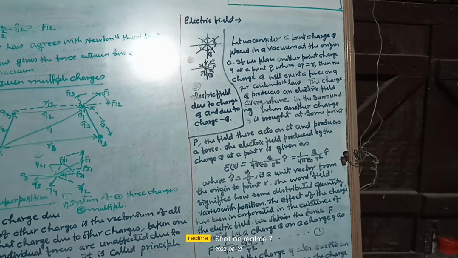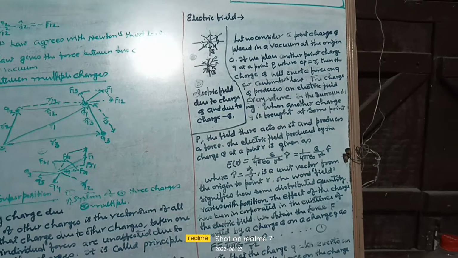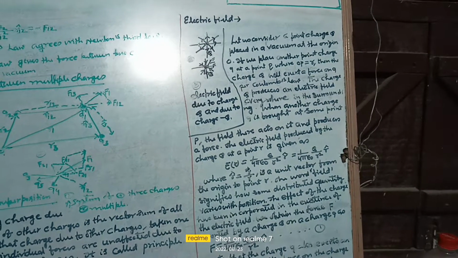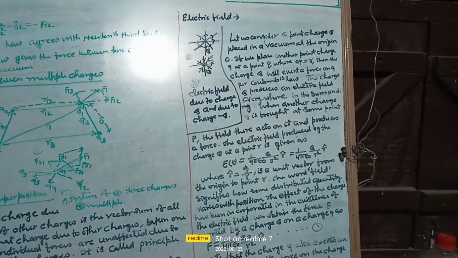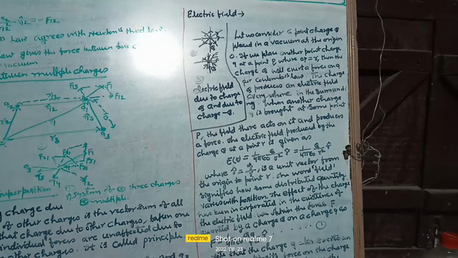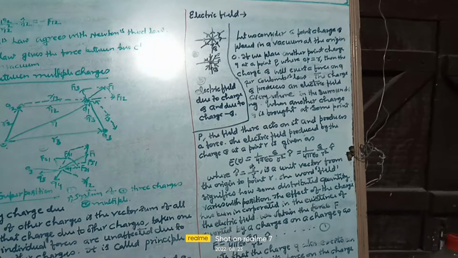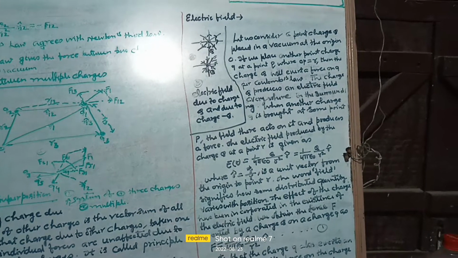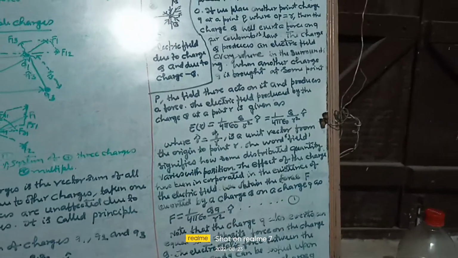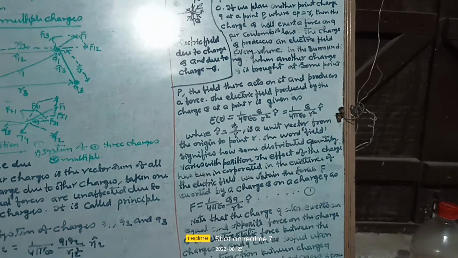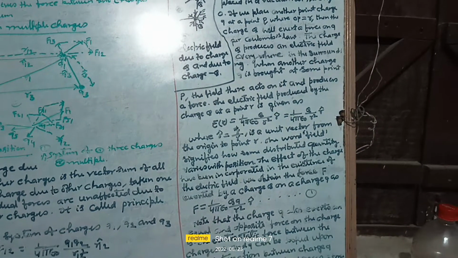When another charge is brought to some point P, the field there acts on it and produces a force. The electric field produced by the charge Q at a point r is given as E = (1/4πε₀) Q/r² r̂, where r̂ = r/|r| is a unit vector from the origin to point r.